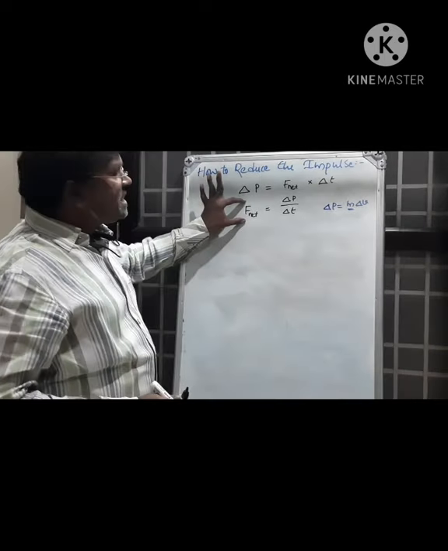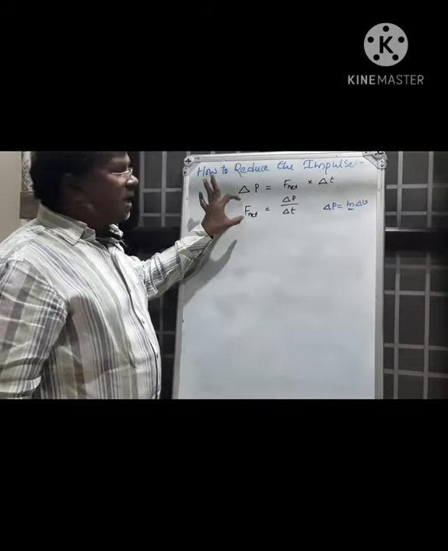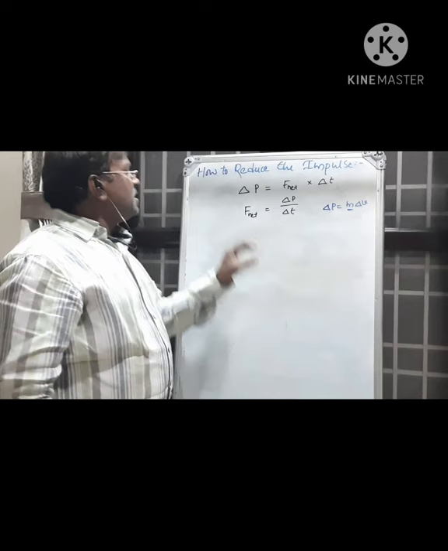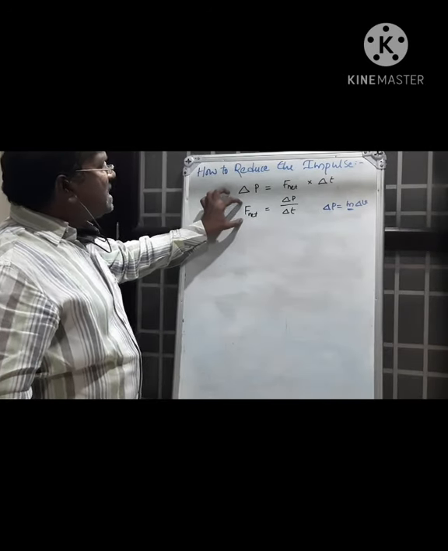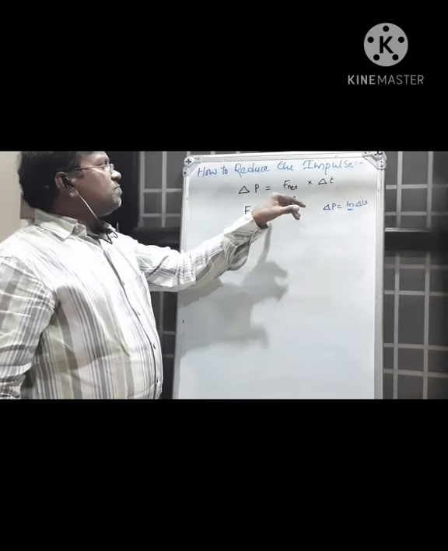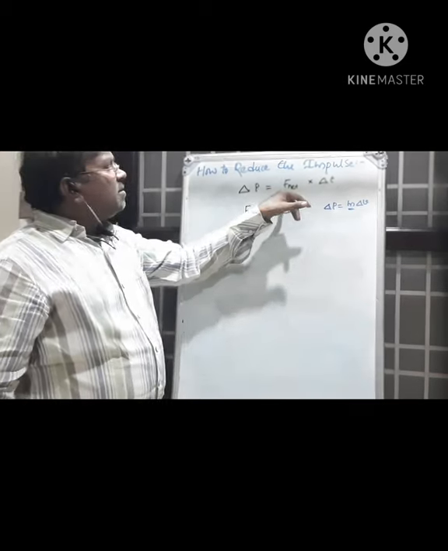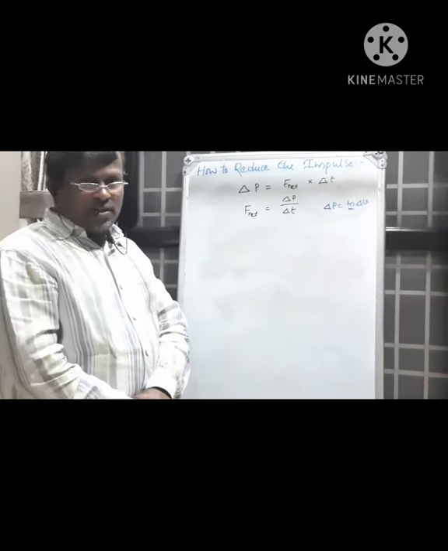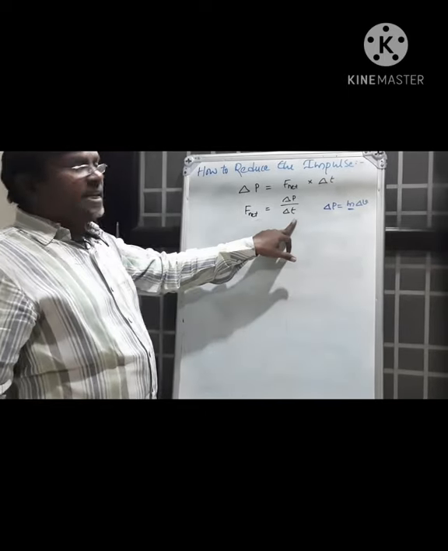We have to decrease the force acting on the body during the collision or something else. That is our motto. Our aim is to decrease the F net. To decrease the F net, there are two ways. One is decreasing the change in the momentum and the other is increasing the interaction time.